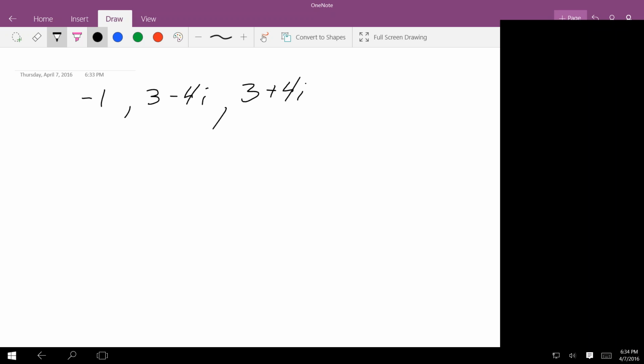What kind of polynomial is it? Is it a quadratic, a cubic, a quartic? It's a cubic. Correct, because cubics have three zeros. It gives me an equation here. Well, what's one of the factors? If minus 1 is a 0, what's one of the factors? X plus 1.